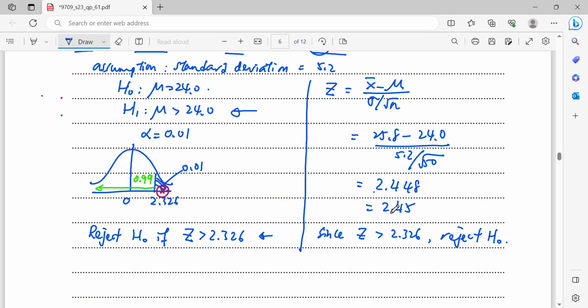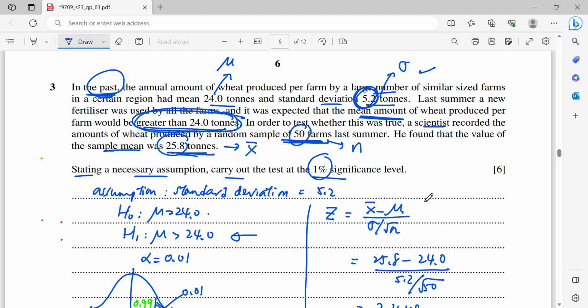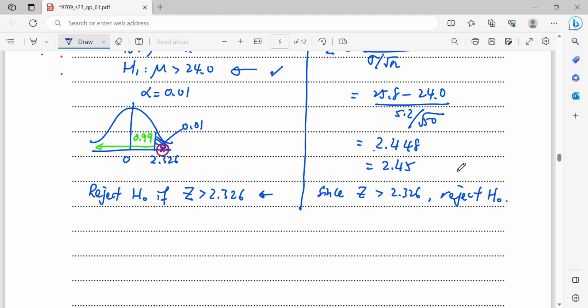So when you reject H0, refer back to the question. The scientists suspect the mean amount of wheat produced is greater than 24.0 tons. Since you have rejected H0, it means we have evidence to conclude it's actually greater than 24.0 tons. It's like supporting the H1.